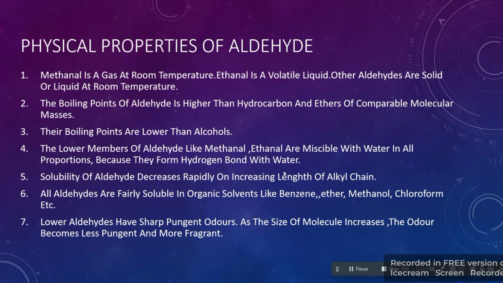Third, their boiling points are lower than alcohols. The lower members of aldehyde like methanal and ethanal are miscible with water in all proportions because they form hydrogen bonds with water. The solubility of aldehyde decreases rapidly on increasing the length of the alkyl chain. All aldehydes are fairly soluble in organic solvents like benzene, ether, methanol, chloroform, etc.